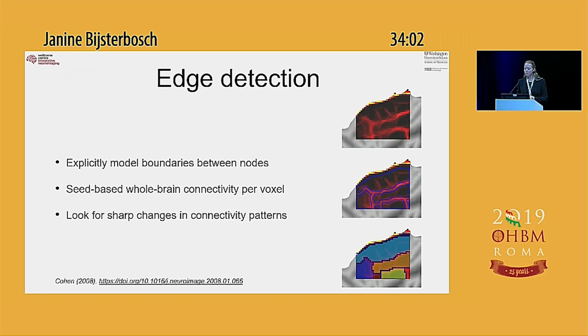And that will give you something that you can see at the top figure here, which particularly looks for sharp changes in connectivity, whole brain connectivity patterns from one voxel to the next. And then you can use edge detection algorithms to draw lines in these sharp changes to define explicitly the boundaries between nodes.